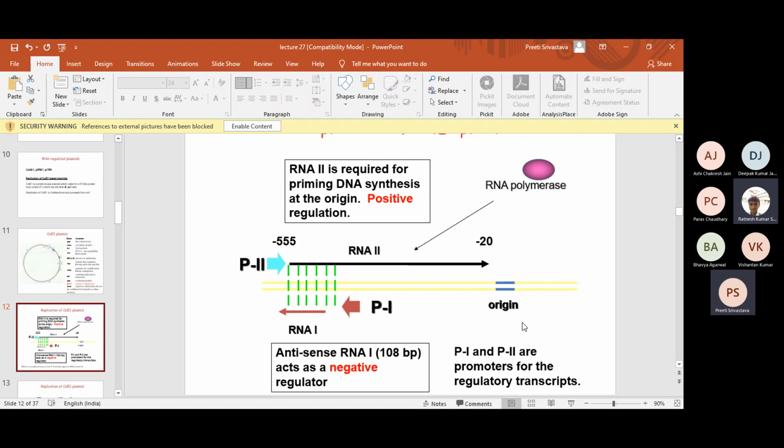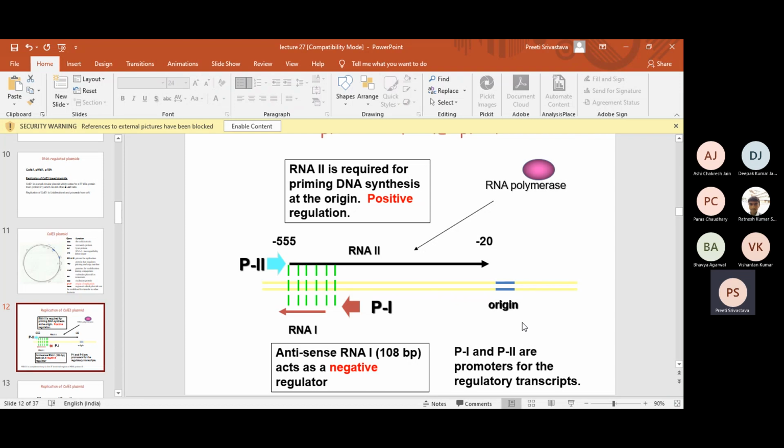Ma'am, doesn't the promoter help in replication? Promoter doesn't encode for RNA polymerase. The promoter is not involved in replication.